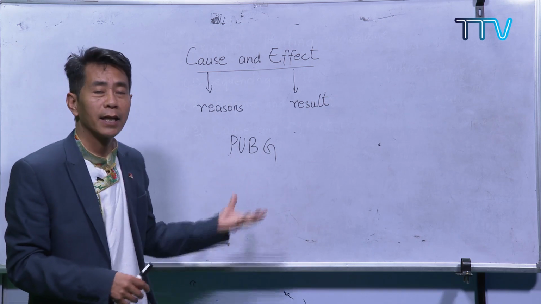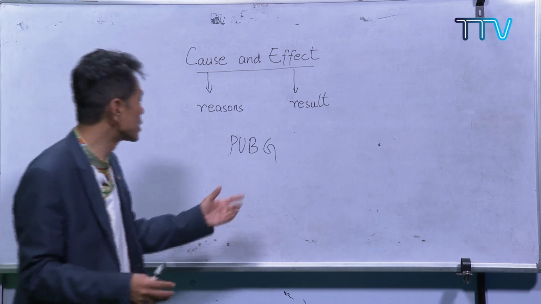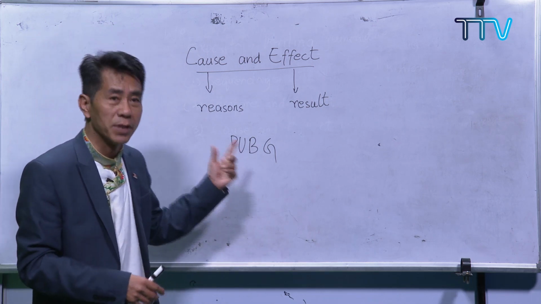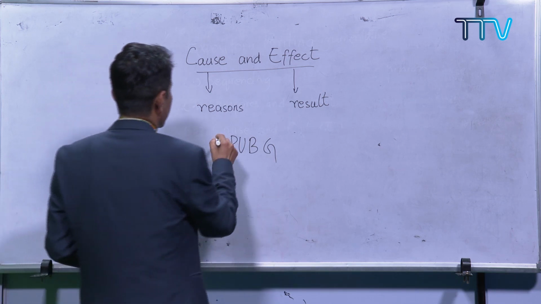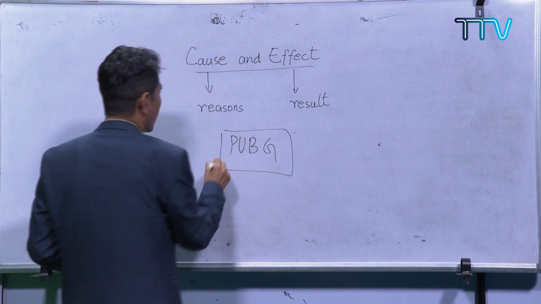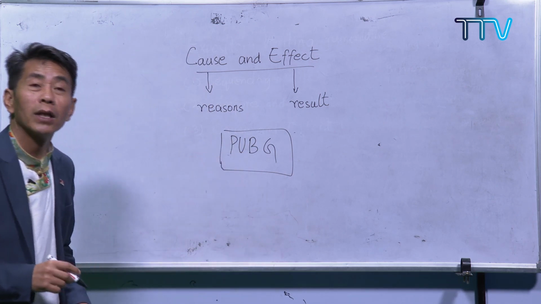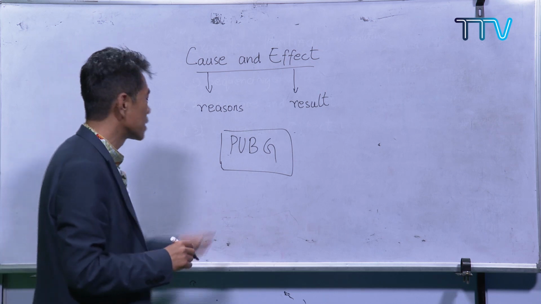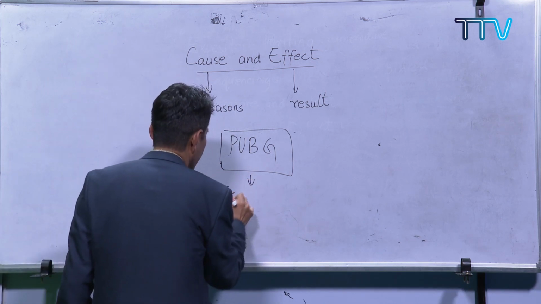Not only the small children, like Getanjula said, even adults also play PUBG. Now, if we take an example of this PUBG, if you get obsessed, if you keep on playing PUBG all the time, what happens is, we have one word called screen time.